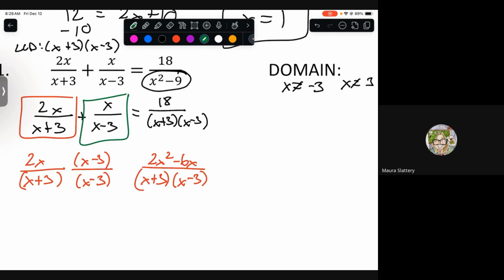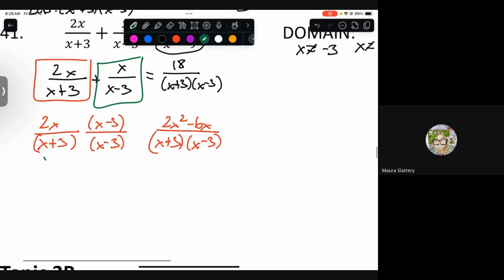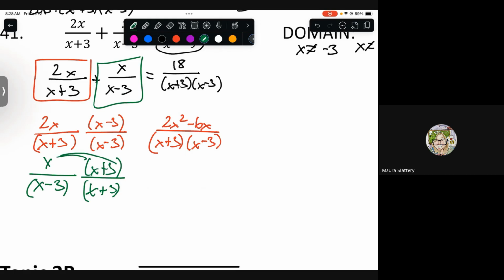This fraction here is missing an x plus 3. I distribute this, and I get x squared plus 3x all over x minus 3, x plus 3.